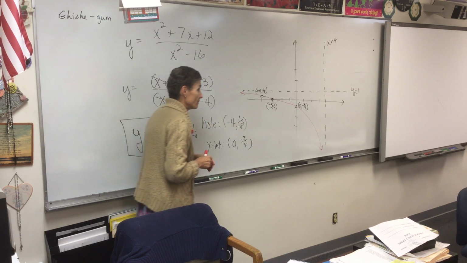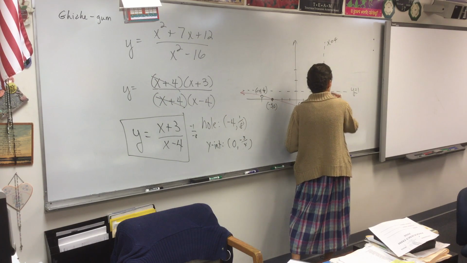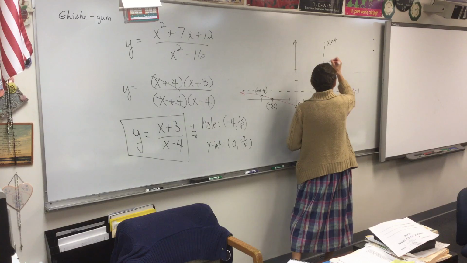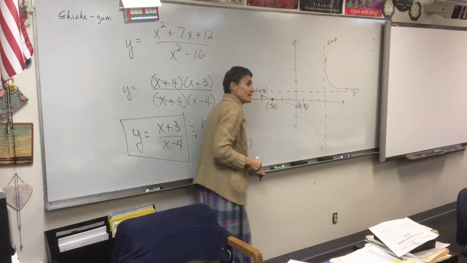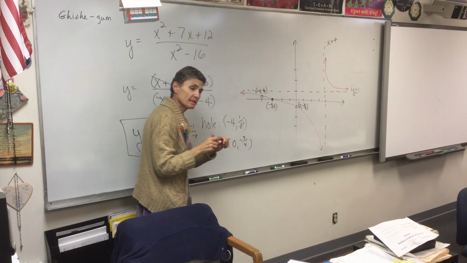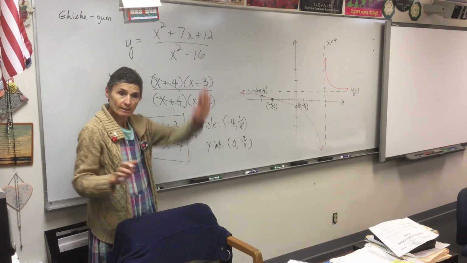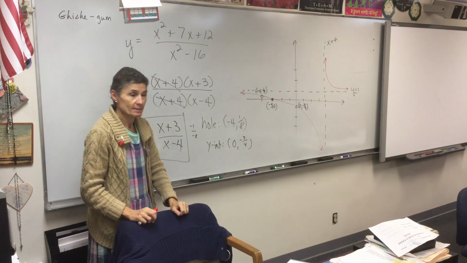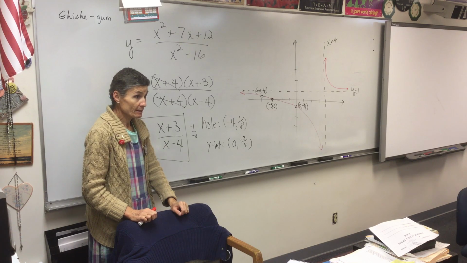The other piece. Where's the other piece going to be? Up here. Remember how they're usually opposite each other? I'm not going to give you some funky picture. They're usually reciprocal function, opposite each other. All right, we got it?